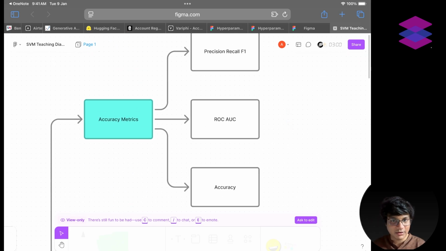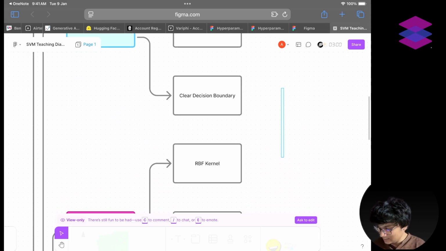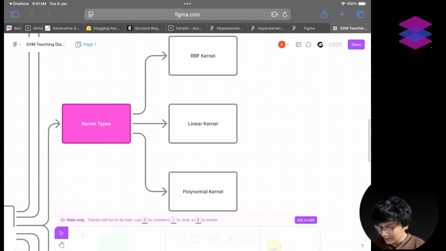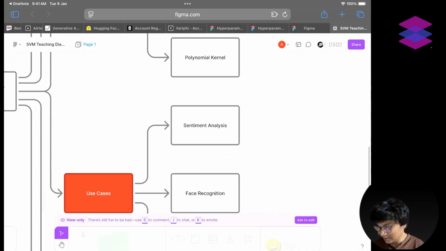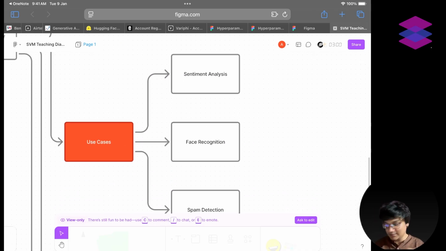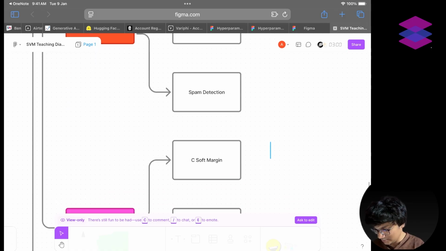You have precision, ROC curve, accuracy metrics, right? Then what are the kernel types? You have the RBF kernel, the linear kernel, and the polynomial kernel. And what are the use cases? Sentiment analysis, face recognition, where it needs a variety of dimensions, and spam detection, a simple binary detection that you can use, right?